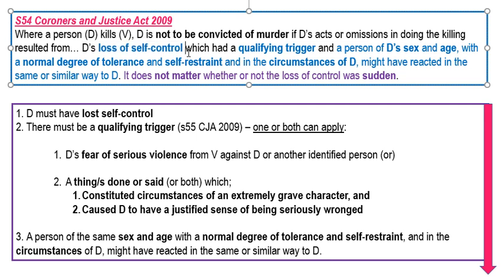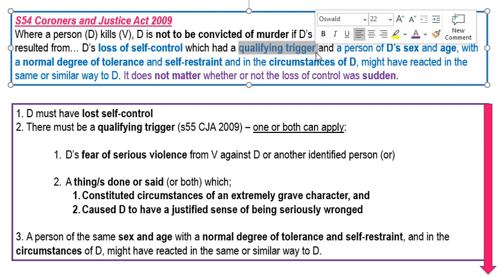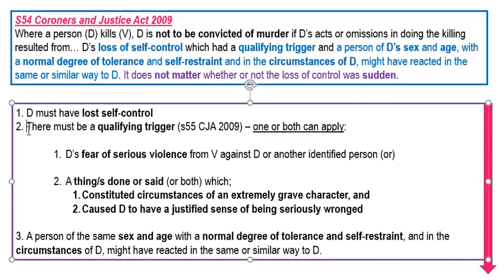Now, this loss of self-control has to come from something called a qualifying trigger. Okay, so this is the second thing that you need to describe and then decide. First of all, has the defendant lost their self-control? Second of all, did they lose their self-control because of a qualifying trigger?